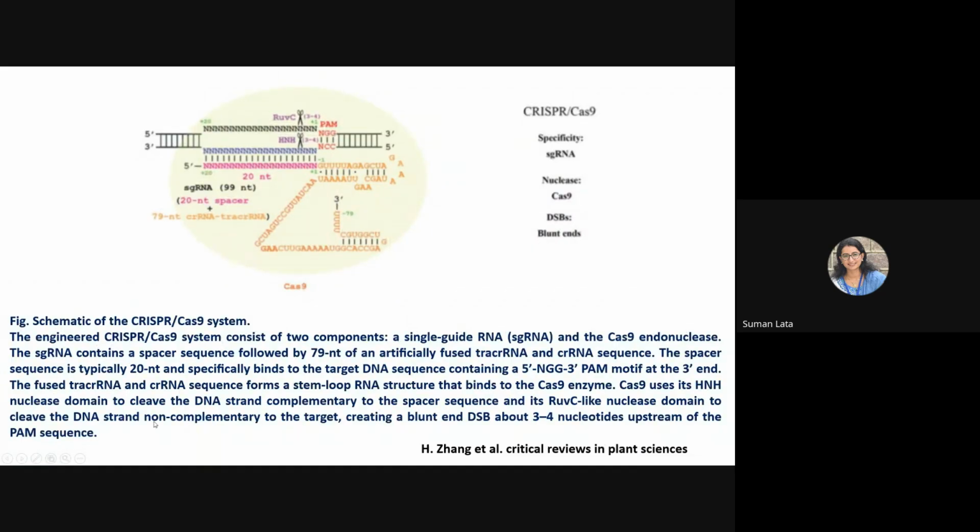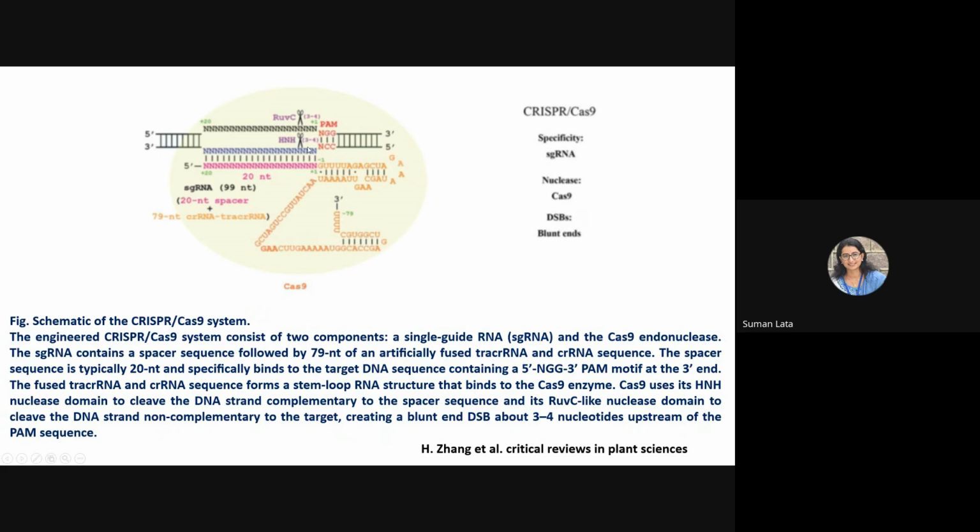This fused trans-activating CRISPR RNA and CRISPR RNA form a stem loop-like structure. You can see here, this is the stem loop-like structure, and it binds to the Cas9 enzyme. This Cas9 enzyme has two domains. One is the RuvC domain and the other is the HNH domain. The HNH domain of Cas9 is used to cut the DNA strand which is complementary to the spacer sequence.